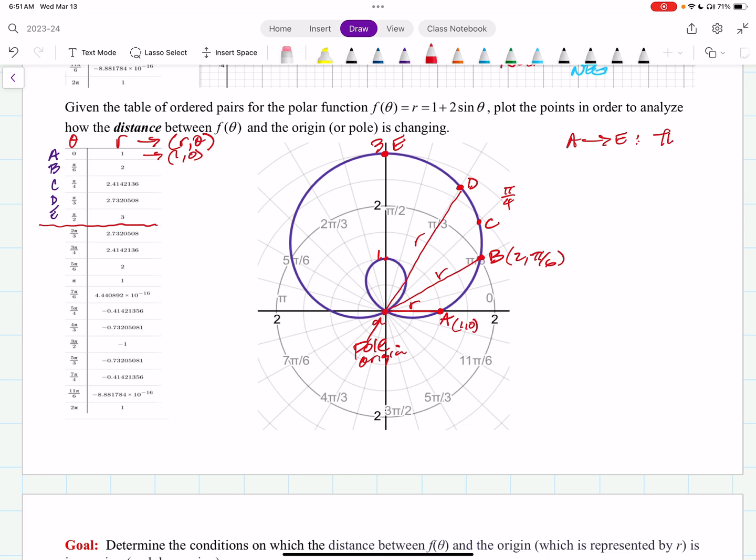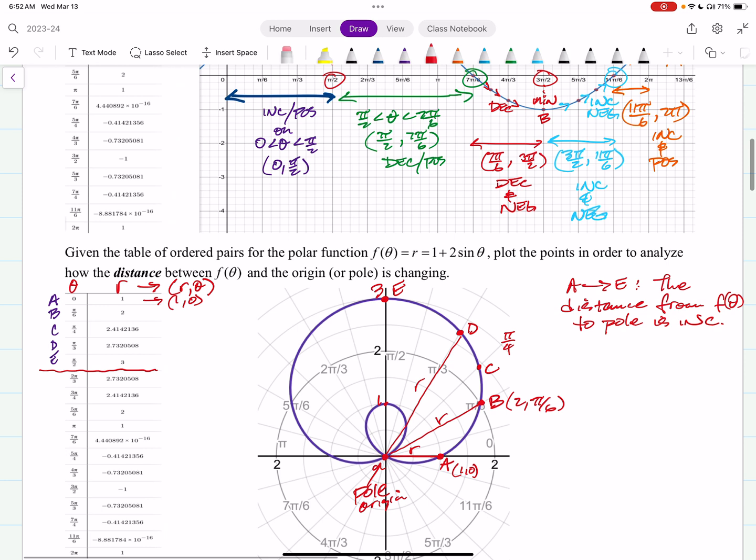I can say the distance, but I can also say the radius, it's the same thing. So the distance from the point f of theta to the pole is increasing because you're getting further away. So I'm going to write that down here: in this first interval, the distance from the point to the pole is increasing.